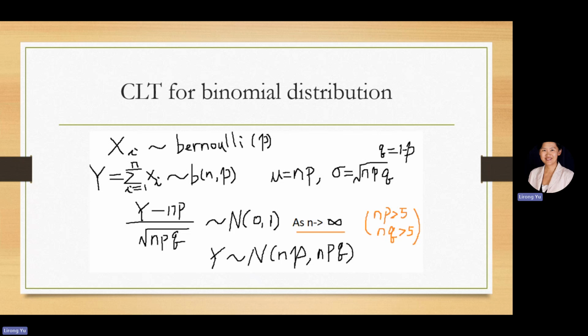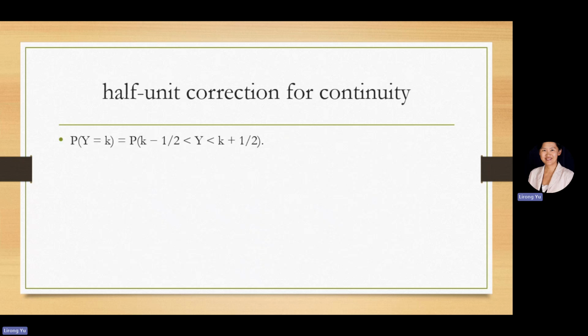So converting a binomial variable into a normal variable, we are able to identify its mean and variance and then calculate by converting the question into a z question. And this is the relation from a discrete distribution to a continuous distribution. We have to do what we call a half unit correction for continuity.